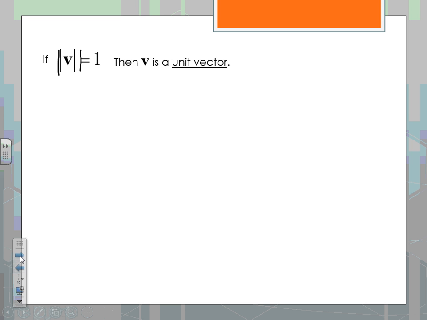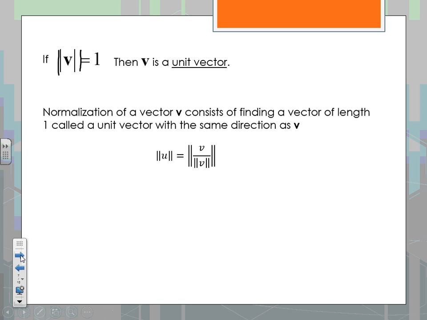So an important concept for us to know is how to find a unit vector in the same direction as a vector that we have. So if that is something that we want to do, this is how we would do it.